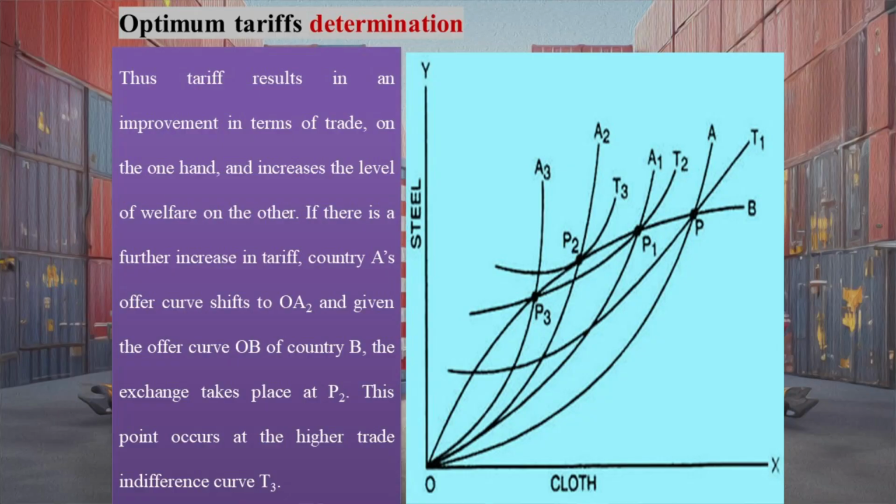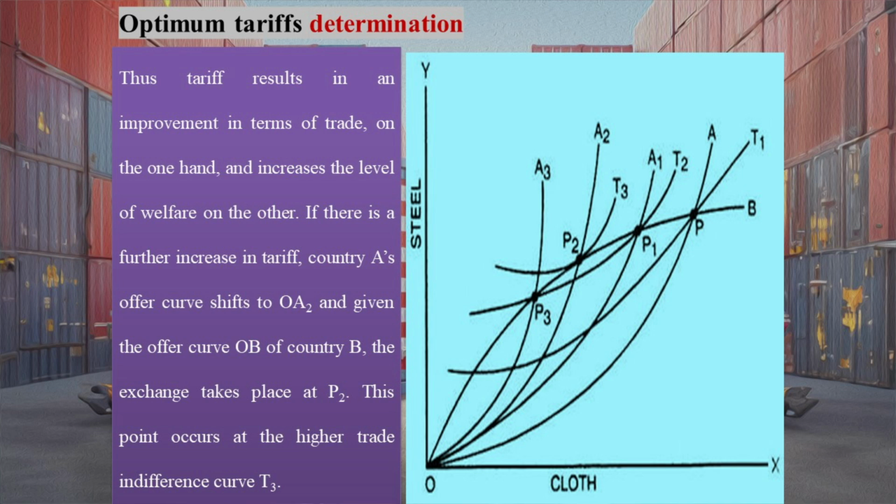Continuing with the optimum tariff determination, tariff results in an improvement in terms of trade on the one hand and increases the level of welfare on the other. If there is a further increase in tariff, country A's offer curve shifts to OA2, and given the offer curve OB of country B, the exchange takes place at P2.